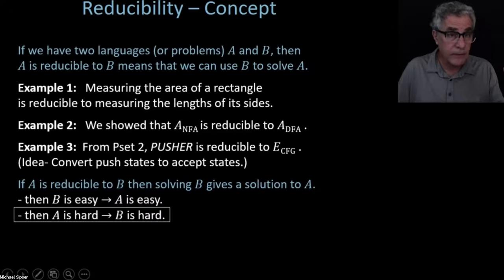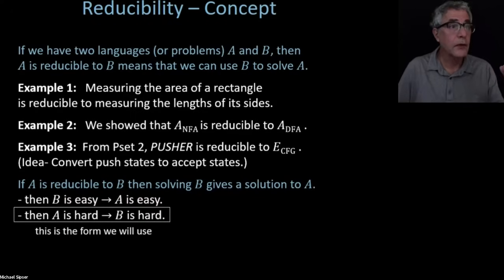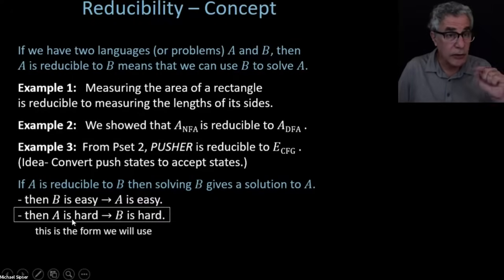But in both cases, we're going to be using the concept of reducibility. So reducibility is going to be a theme. You've got to get comfortable with reducibility. We're going to be focusing more on the notion that if you reduce A to B and you know A is hard, that tells you B is also hard. I'm going to say that a few times during the course of today's lecture to try to help you get it.